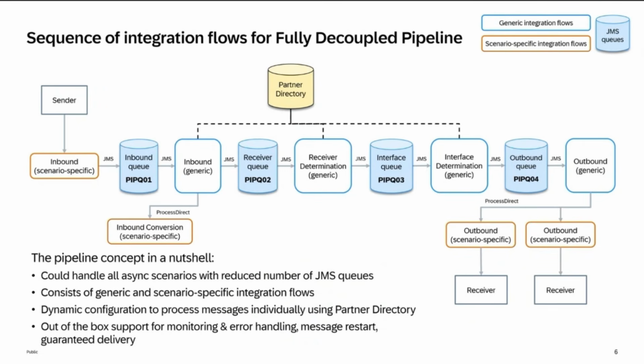Where we run through a mapping, if a mapping is required, or outbound conversion, and then have a receiver adapter passing the message to the receiver. Right. That's how the pipeline looks. And the blue one, that's what we ship, right?